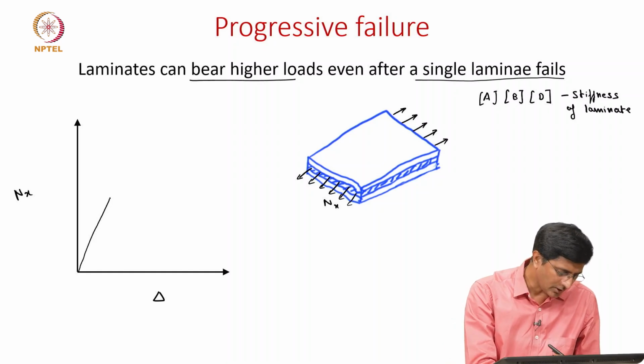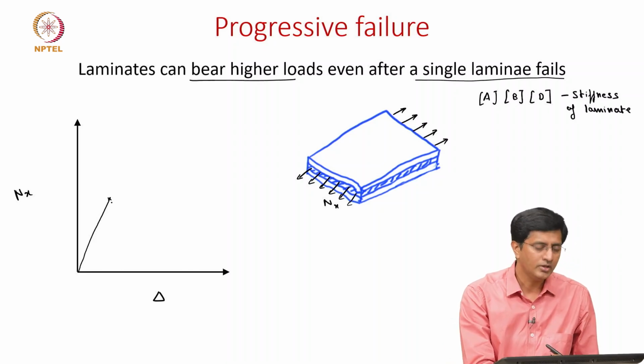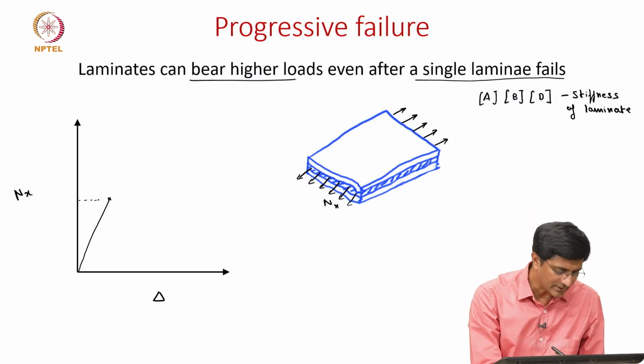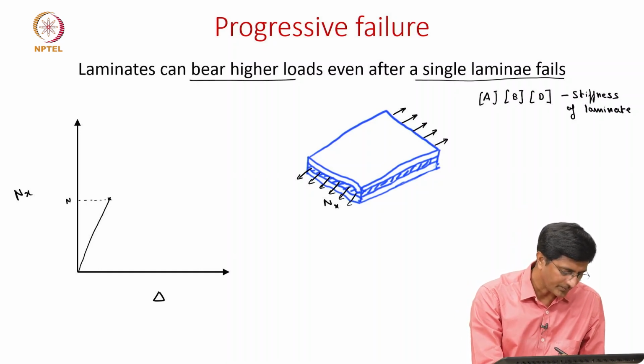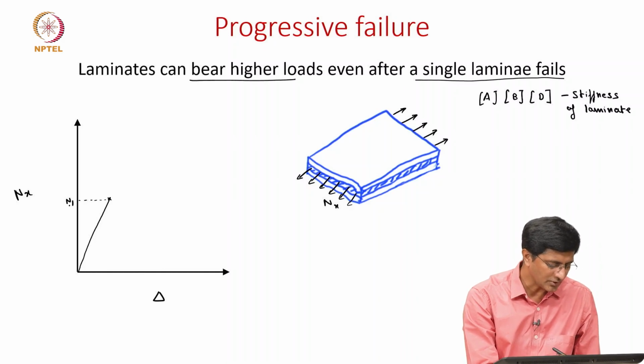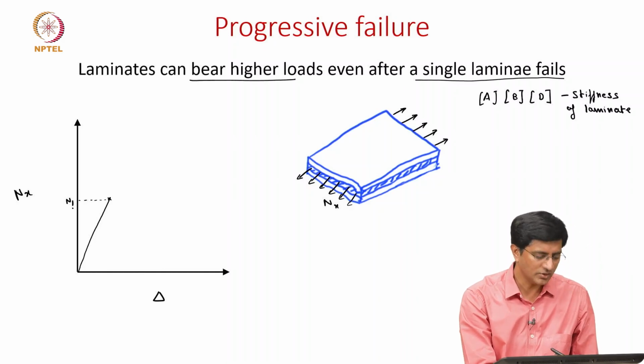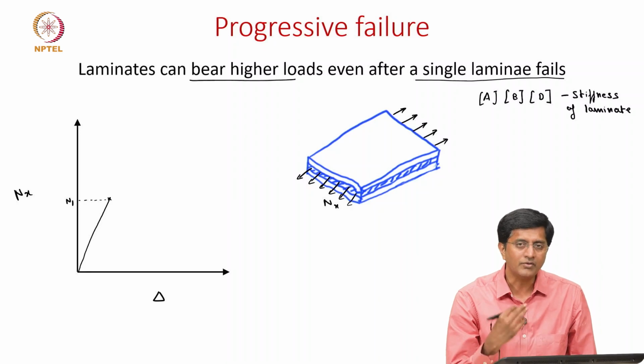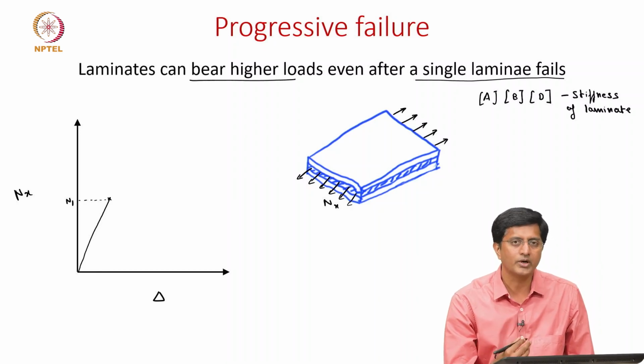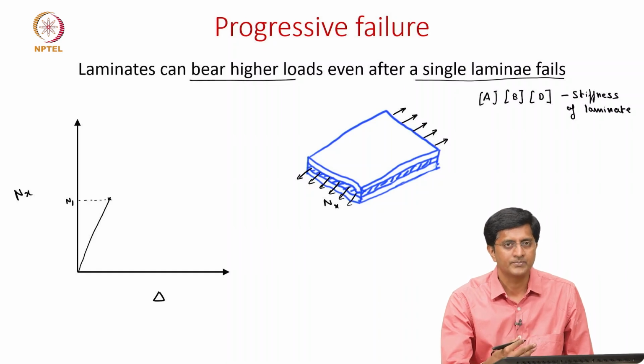So let's say this is the corresponding load at which the first ply fails, something like N1, meaning the corresponding Nx value at which the first ply fails. After that, what happens is what we are more interested in. So what do you think happens?